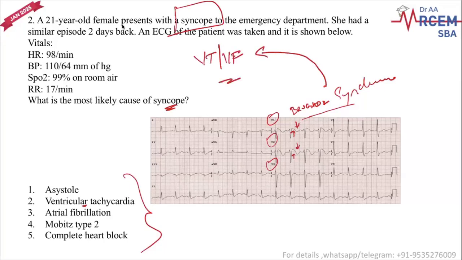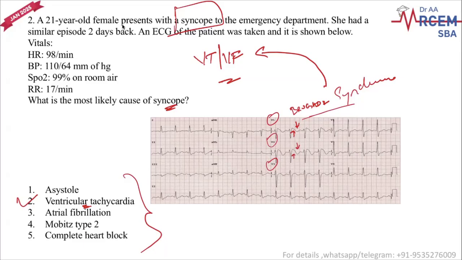Most likely this patient had a ventricular tachycardia, which self-reverted back into sinus rhythm. That's why he has regained consciousness and come back to the emergency department. If it was sustained ventricular tachycardia, he would have gone into cardiac arrest. So the cause for the syncope is ventricular tachycardia, and the predisposing factor is Brugada syndrome. That's what you need to remember.